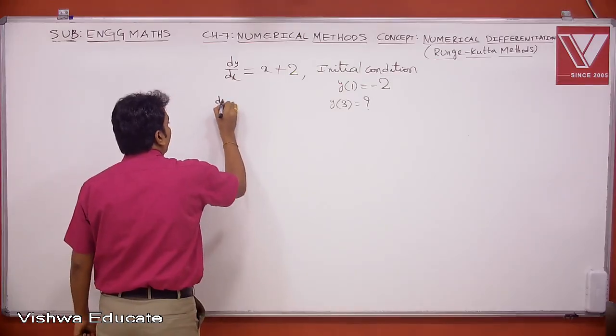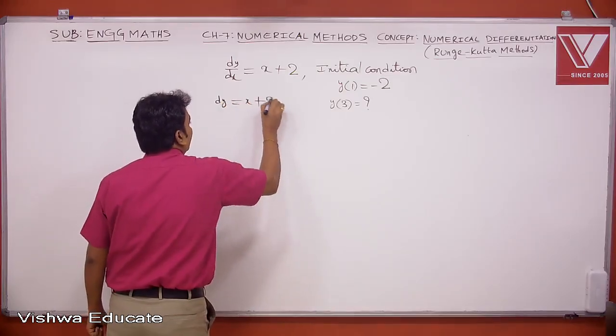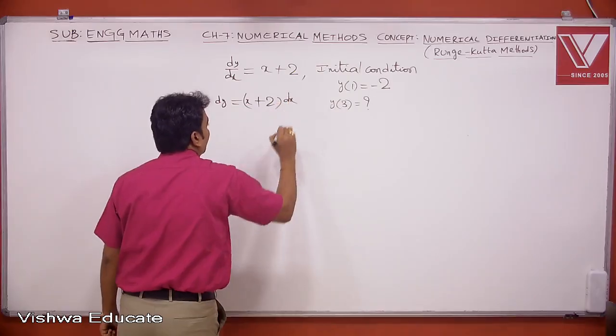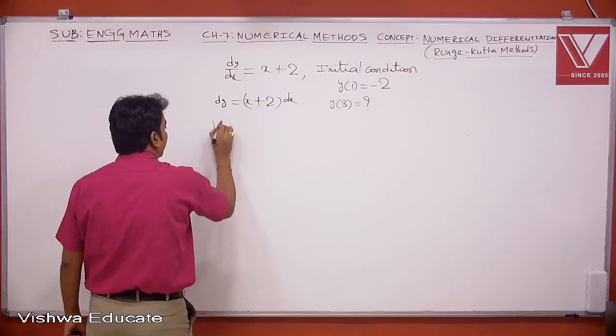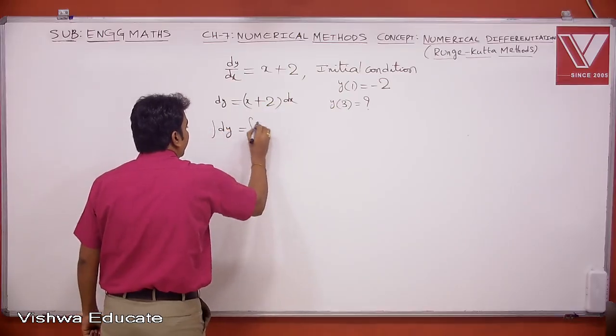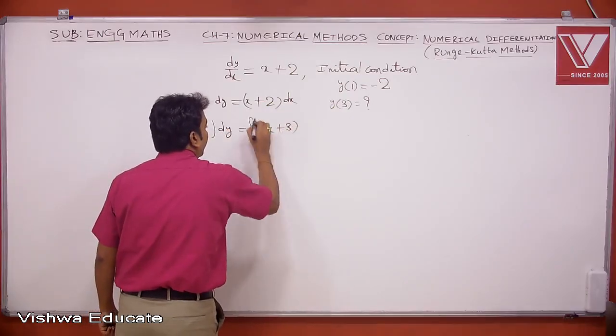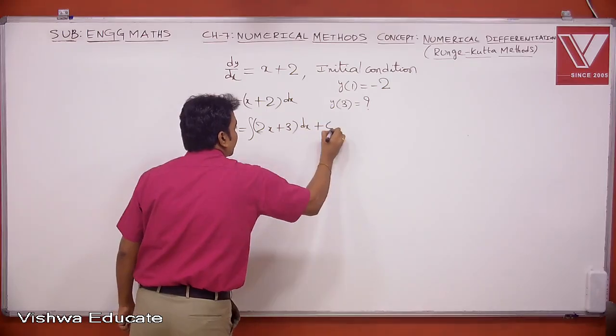So here dy by dx equal to x plus 2. So dy equal to x plus 2 into dx, with y variables on one side and x variables on the other side. So go for integration on both sides. Integral dy equal to integral of x plus 2 dx plus c.